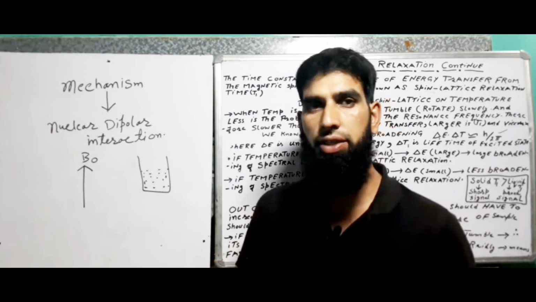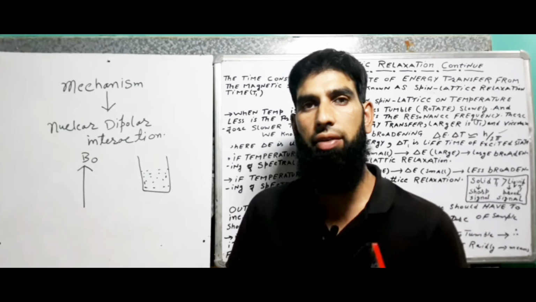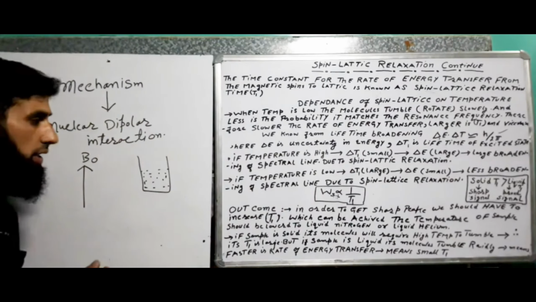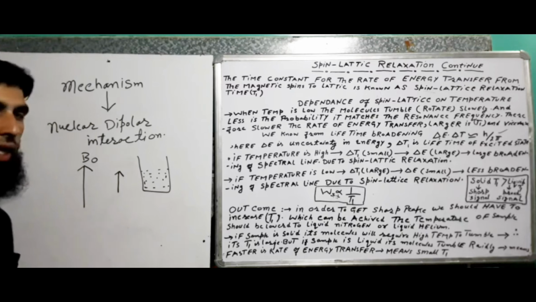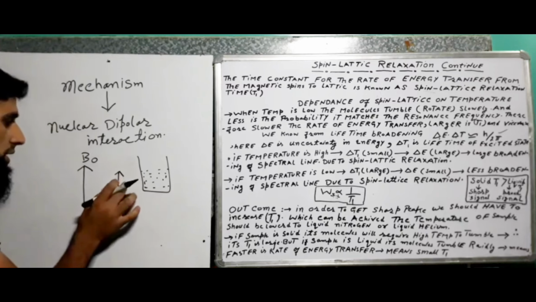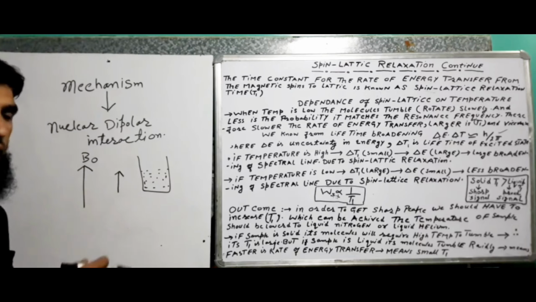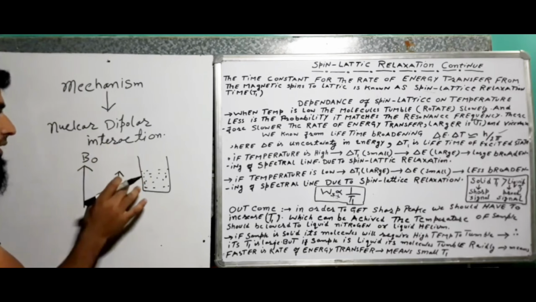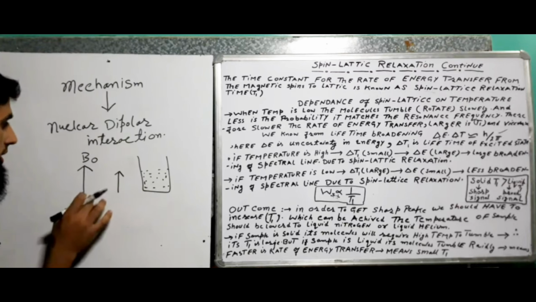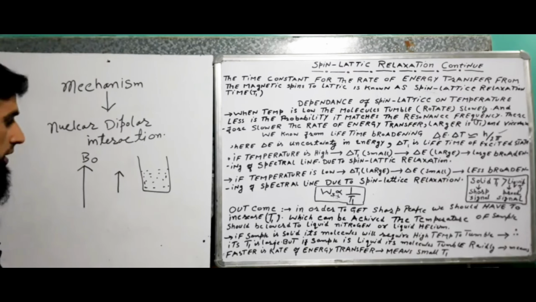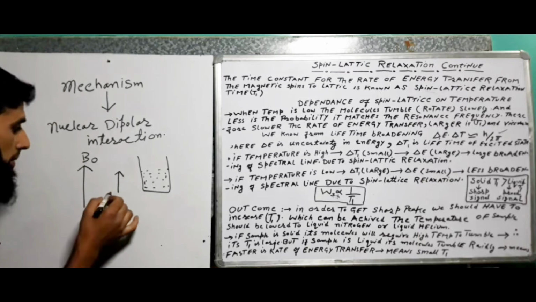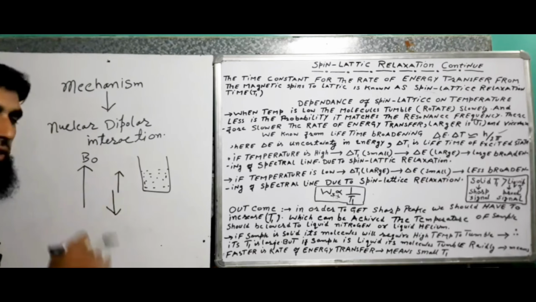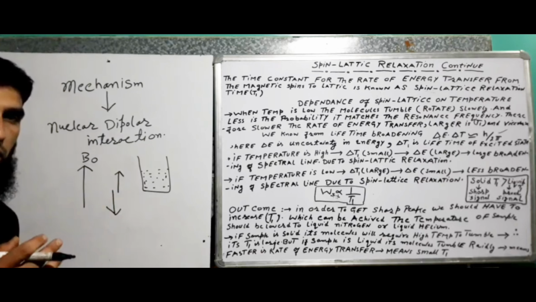When molecules are in different directions, their magnetic moment is not unique. Suppose this is our external magnetic field. When some molecules have their magnetic moment in the direction of the external field, the sample feels more field, because the field associated with the nucleus is in the same direction as the external field. At any instant, some magnetic moments are in the opposite direction, so the field strength decreases and the sample observes less field.